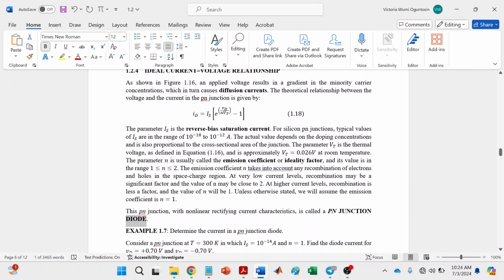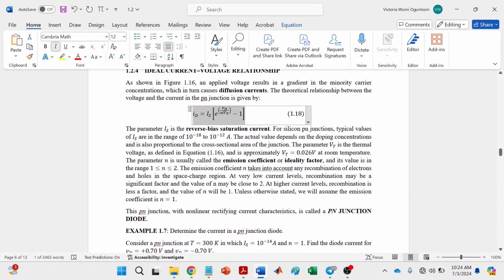As we have seen previously, an applied voltage results in a gradient in the minority carrier concentration, which produces current. So as a result of the applied voltage VD, which is the forward bias voltage, a current is produced.